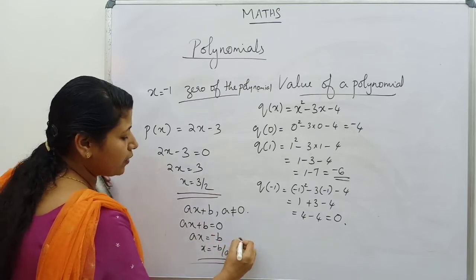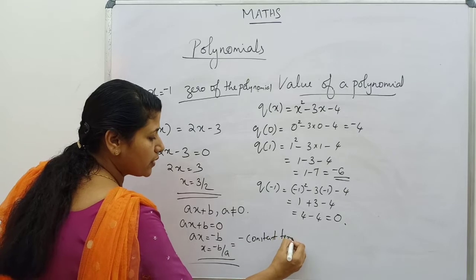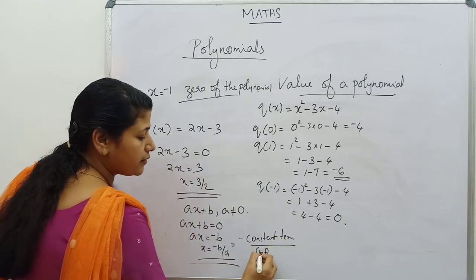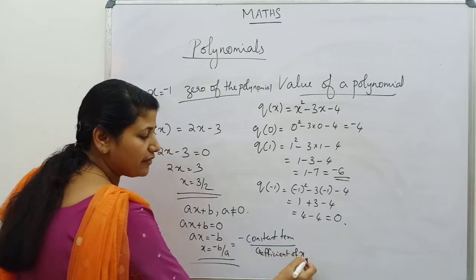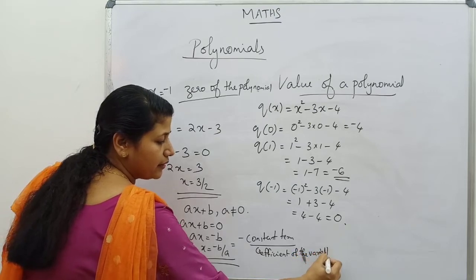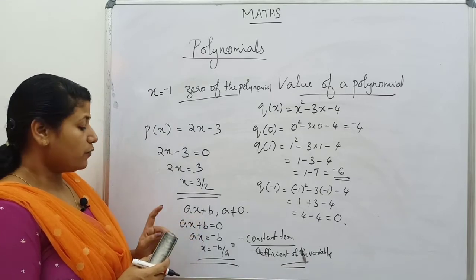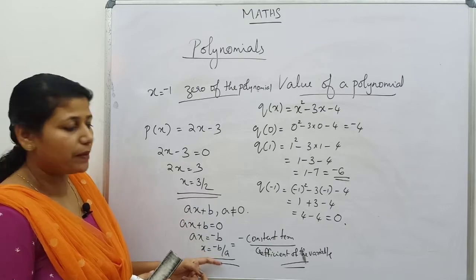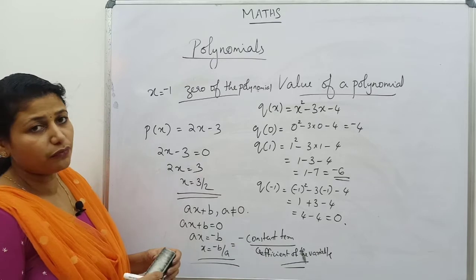Negative b means negative of the constant term, by a, the coefficient of x, the coefficient of the variable. Got it? For any linear polynomial ax plus b, there is only one 0, which is negative of the constant term by the coefficient of the variable.